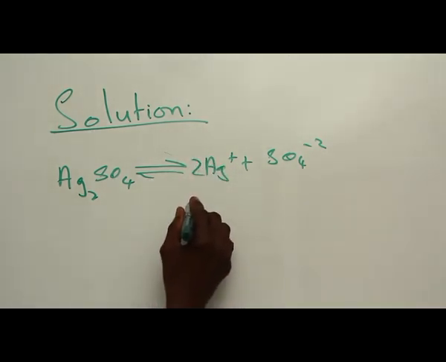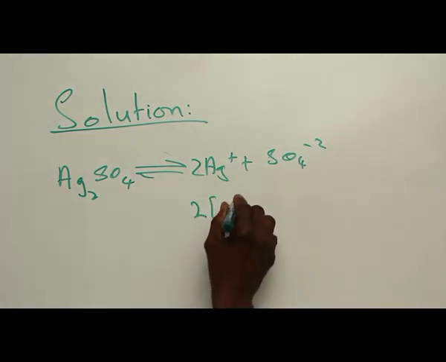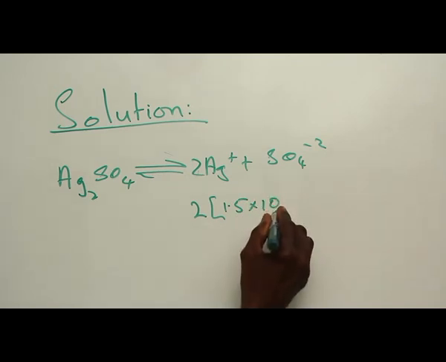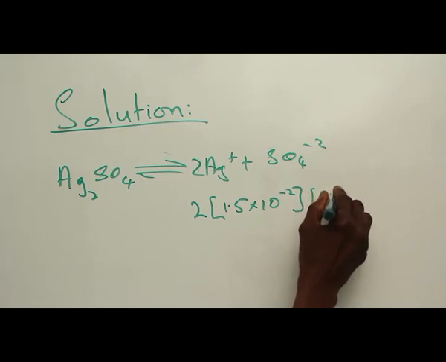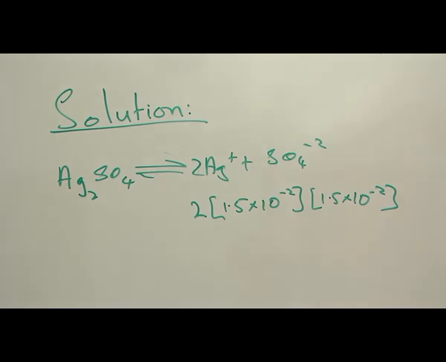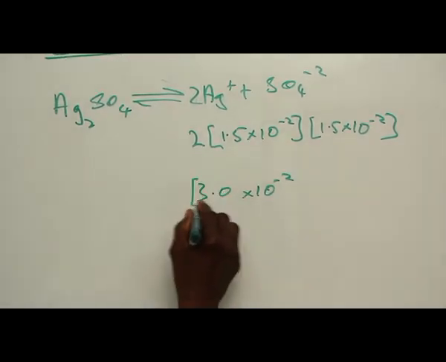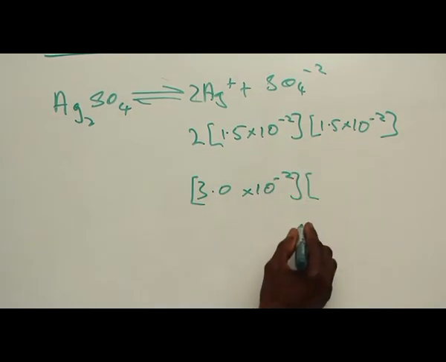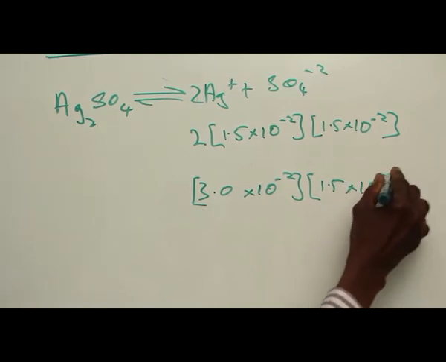And so we are given the solubility as 1.5 times 10 to the power minus 2. So this gives us 3.0 times 10 to the power minus 2 multiplied by 1.5 times 10 to the power minus 2.